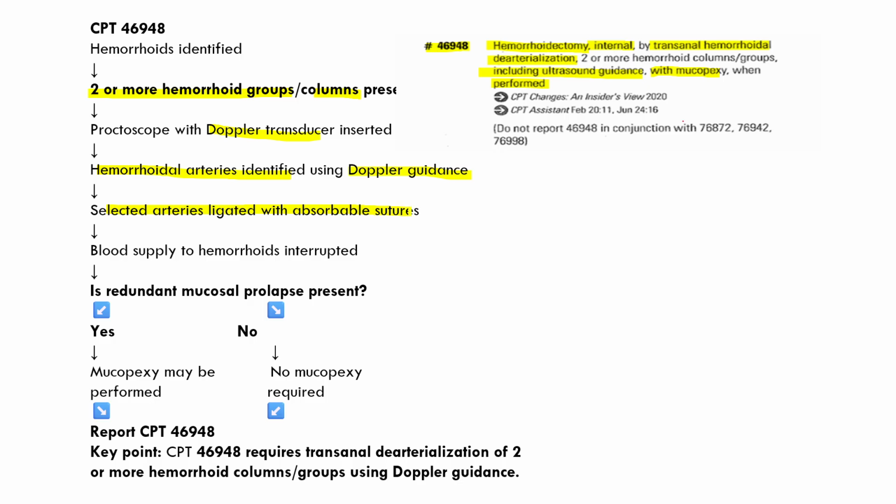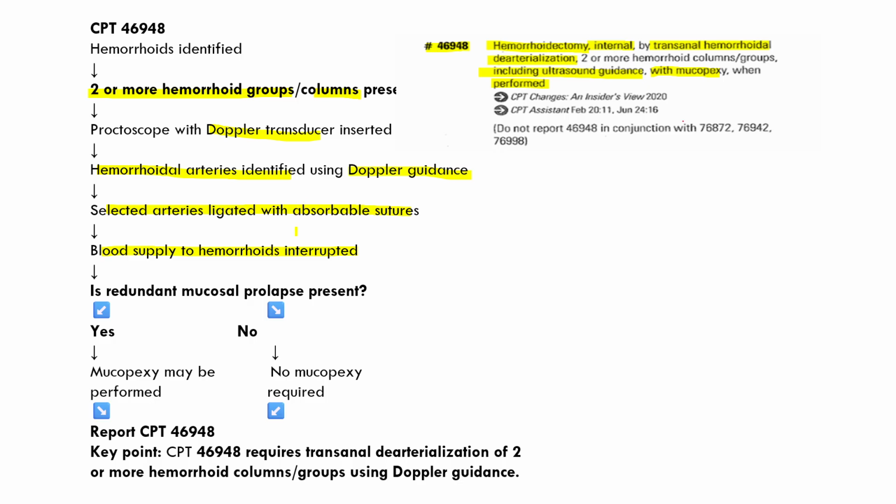Okay, so simply what is he using? He is using the proctoscope along with the transducer. He is identifying the hemorrhoidal arteries with the help of Doppler guidance, and he is selecting some arteries and suturing them. So blood supply to the hemorrhoids will be interrupted.